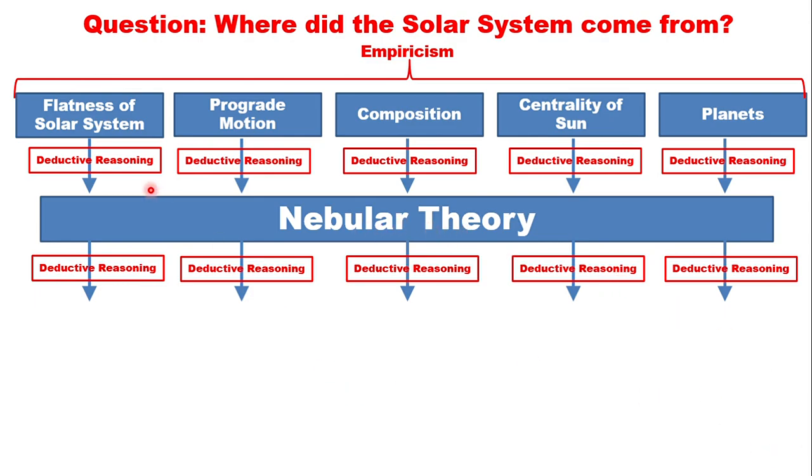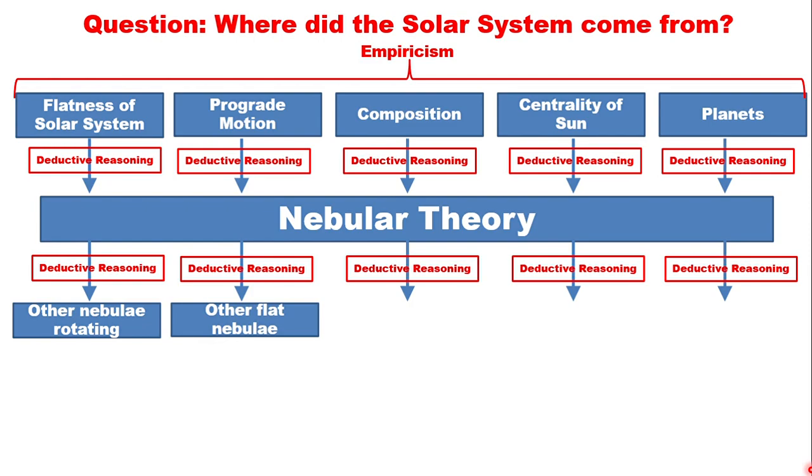And so the flatness of the solar system, logically, that should mean there should be rotation, so other nebulae should be rotating in space. Another logical consequence of nebular theory would be that there should be other flat nebulae.